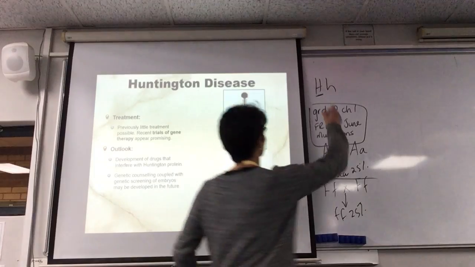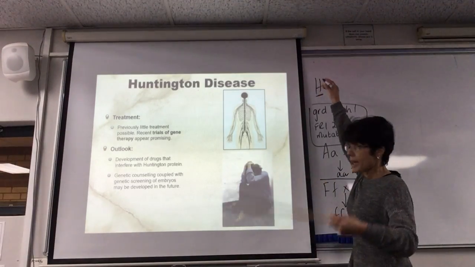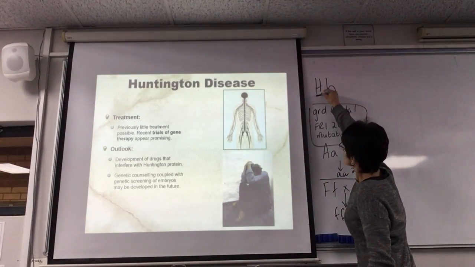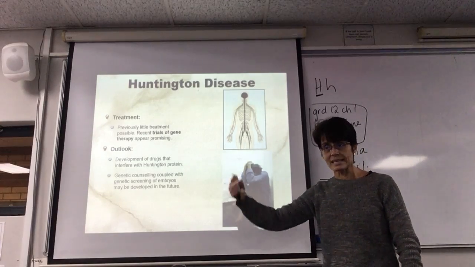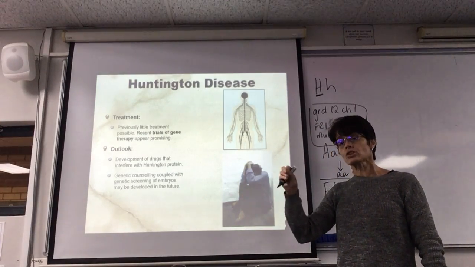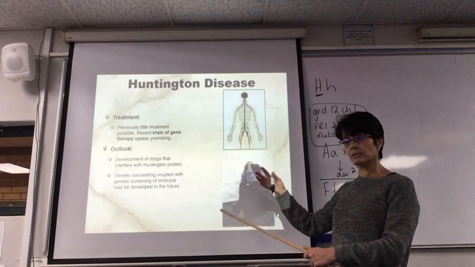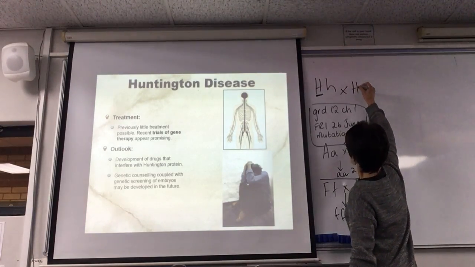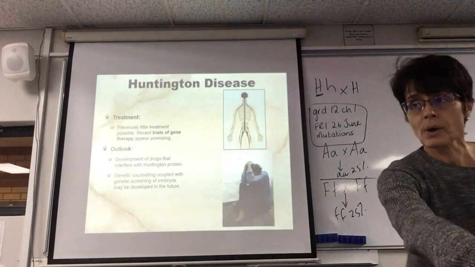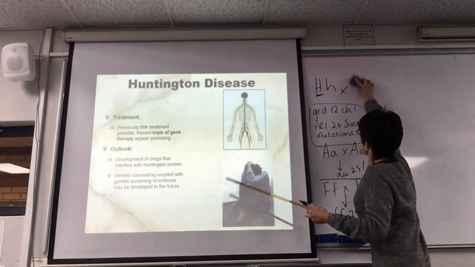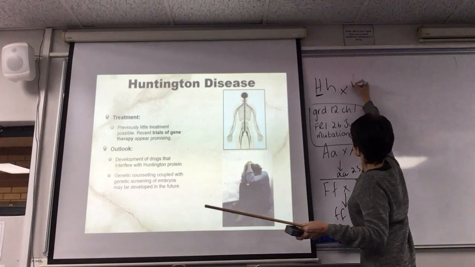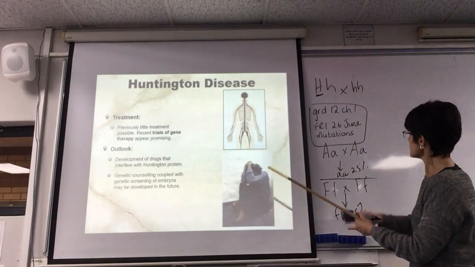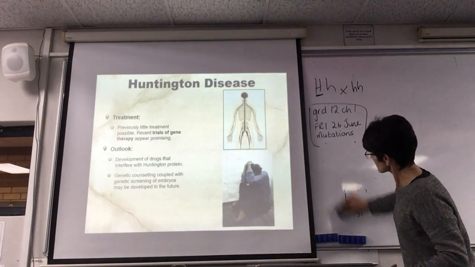So if a man knows that he's got Huntington's because it's in his family, or if he's not sure if he has Huntington's because maybe one of his parents had it, then they can go for genetic testing. If one of the couple has Huntington's, then they need to know the odds of having a child with Huntington's. So that's what genetic counseling is all about.